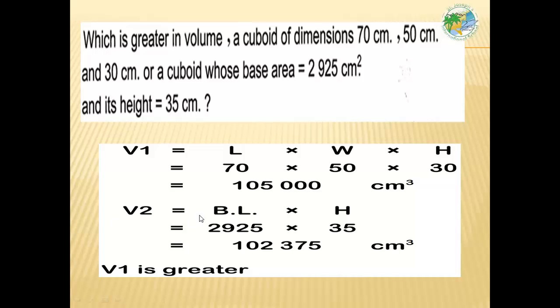V2 equals base area times height, which is 2925 centimeter square times 35. Then the final answer equals 102,375 centimeter cube. Then which is the greatest one, V1 or V2? Then V1 is greater.